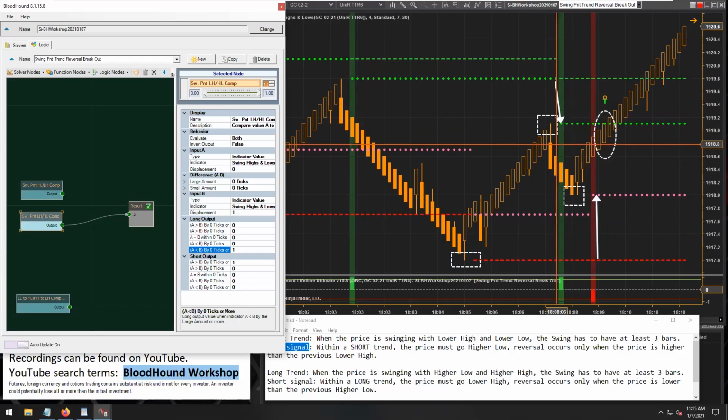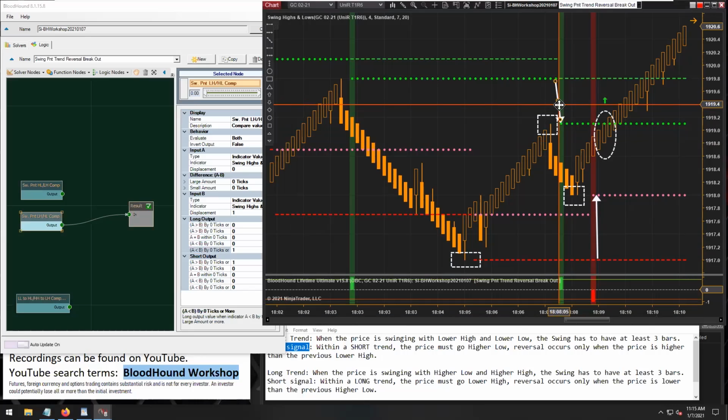All right, so now we need to extend this lower high detection forward until we get the higher low. And we don't know how many bars that's going to take.